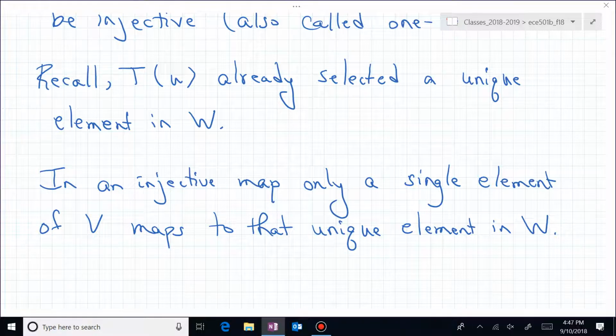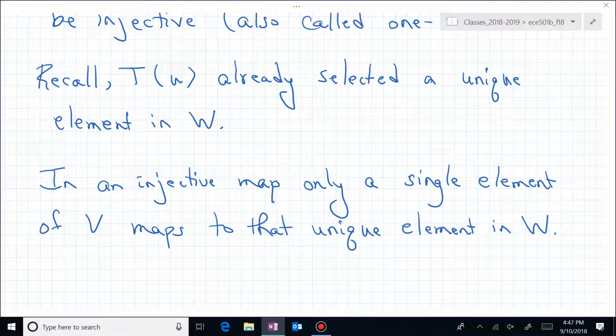There could be T of u getting you to a Z, and there could be a T of v getting you to that same Z. That's not what we're saying here. We're just saying that you give me a u, I'll take you to Z. You give me a v, I'll take you to Z. Give me that u again, well, I'm not going to go to a Z prime. I'm going to go to that same Z.